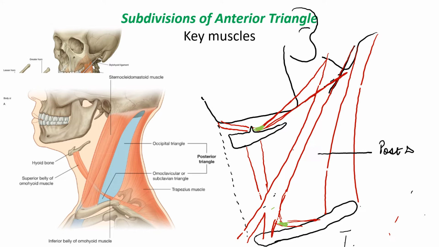Now, between the anterior median line, anteriorly, the posterior inferior border, which is formed by the sternocleidomastoid, and the superior belly of omohyoid, the triangle which is formed is known as the muscular triangle.